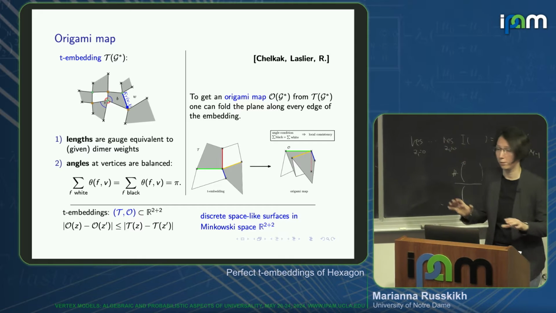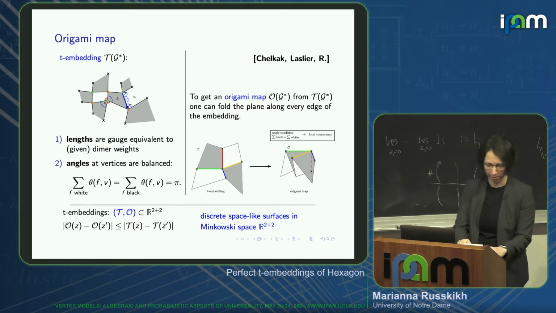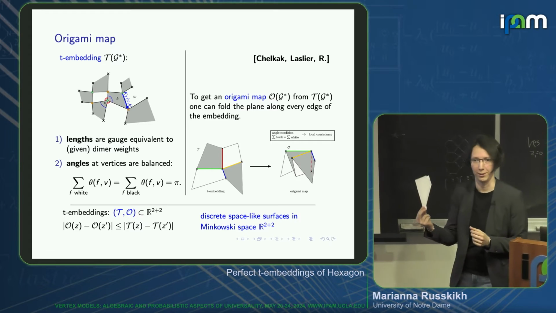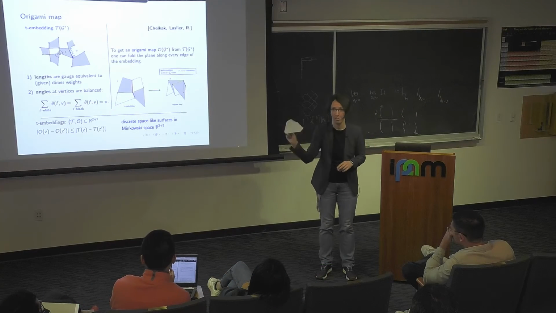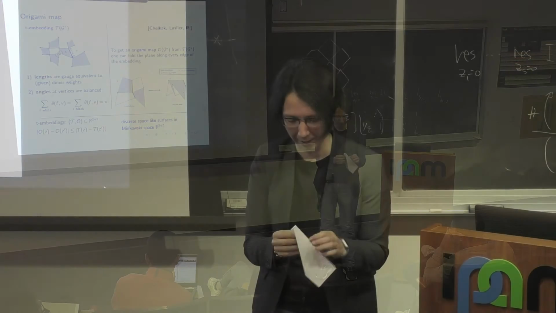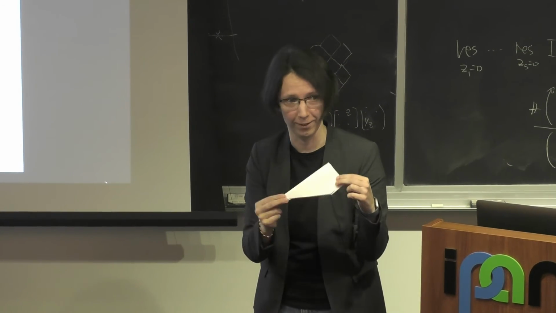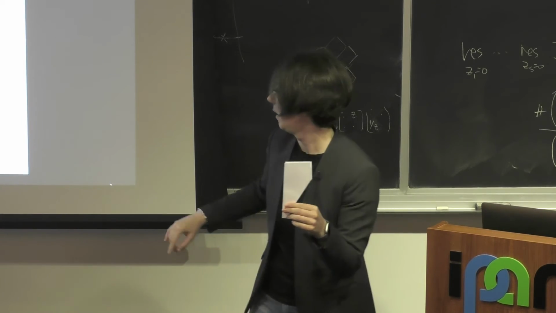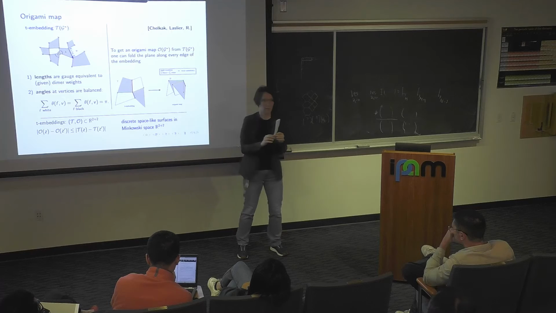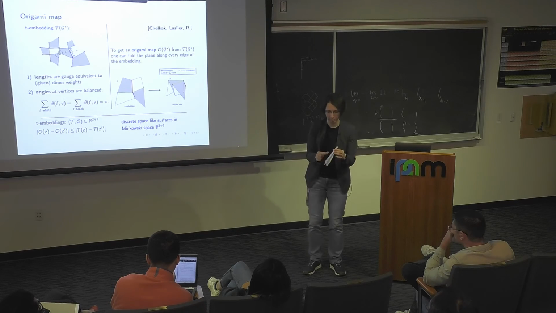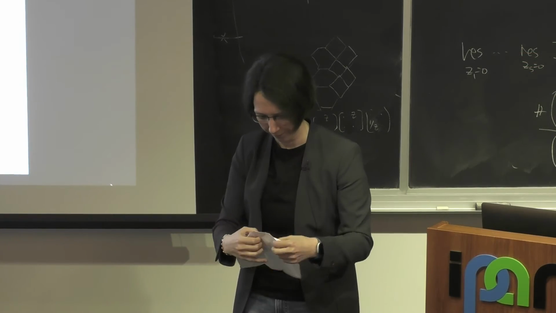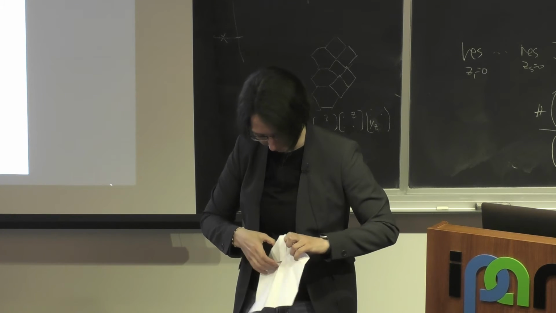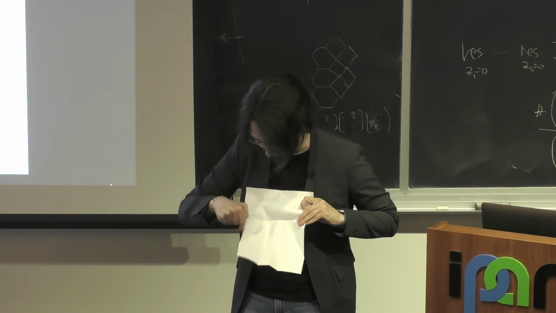So to convince you that you all actually understand well the definition, let us think about your favorite origami. Probably all of you did it at some point. So here is a paper plane, right? I make it planar, so now it's, I think, in the complex plane, and I take the positions of vertices as the positions of the origami map. Now, if you unfold this paper plane or any other origami which you like, you have these lines of the folding, right?